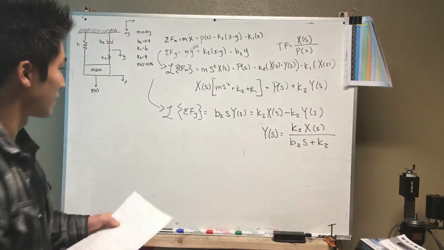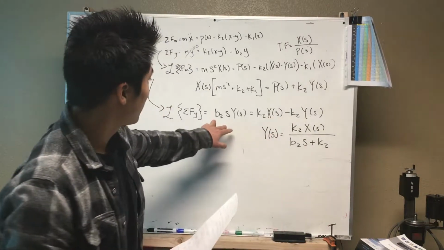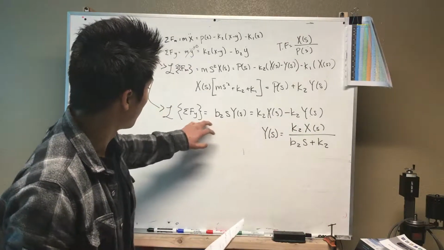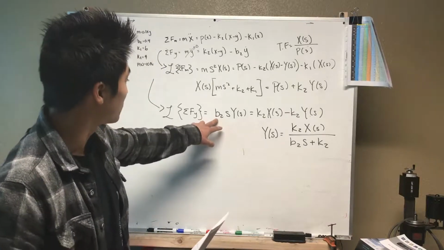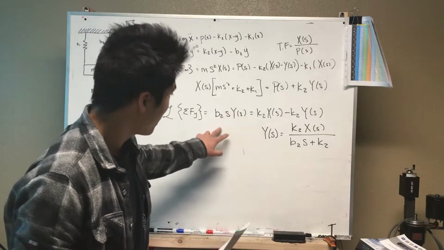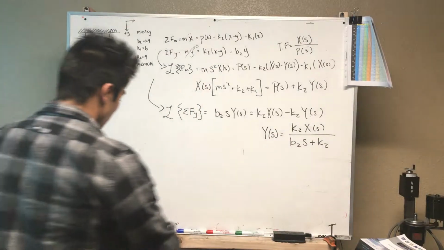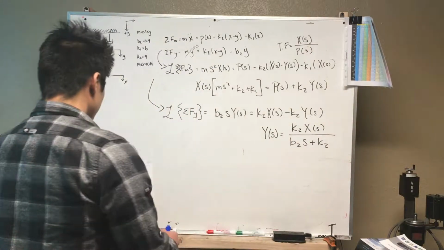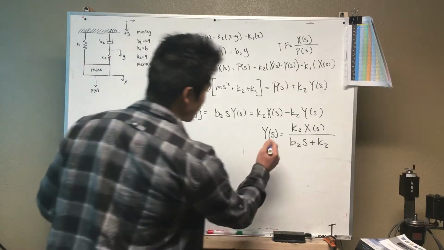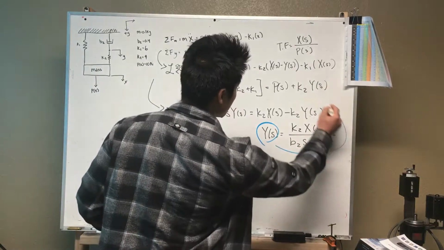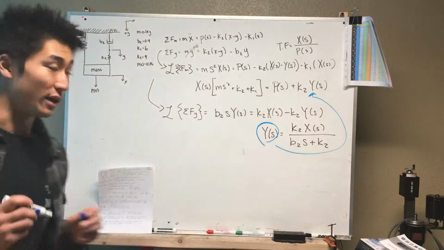So we have the Y's over here in parentheses, (b2 s plus k2), and over that, so that now we have this, and we're going to bring this Y(s) back into that Y(s).